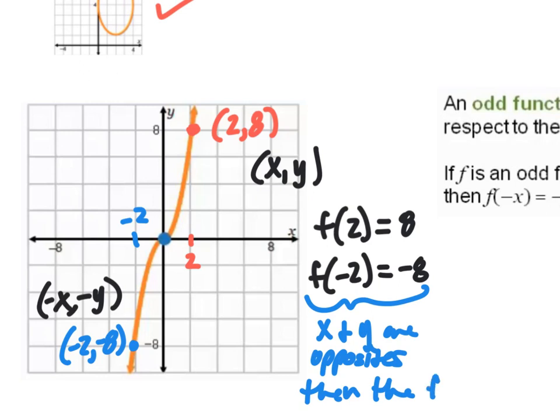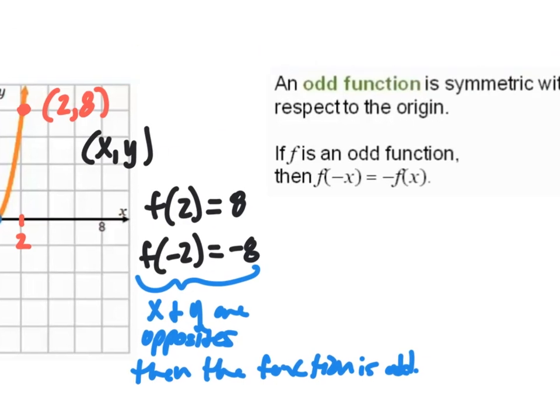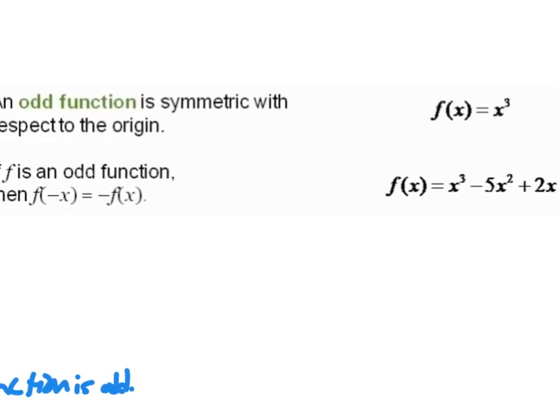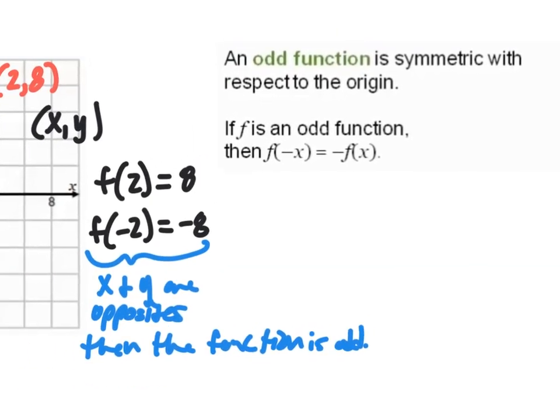Not odd like how I'm odd, but just odd, all right? And that's the idea. And here's, by definition, what you get: f(-x) is equal to -f(x).